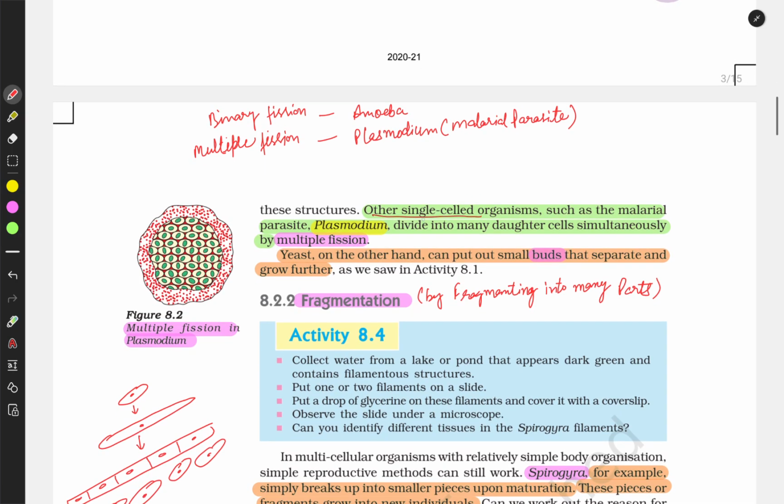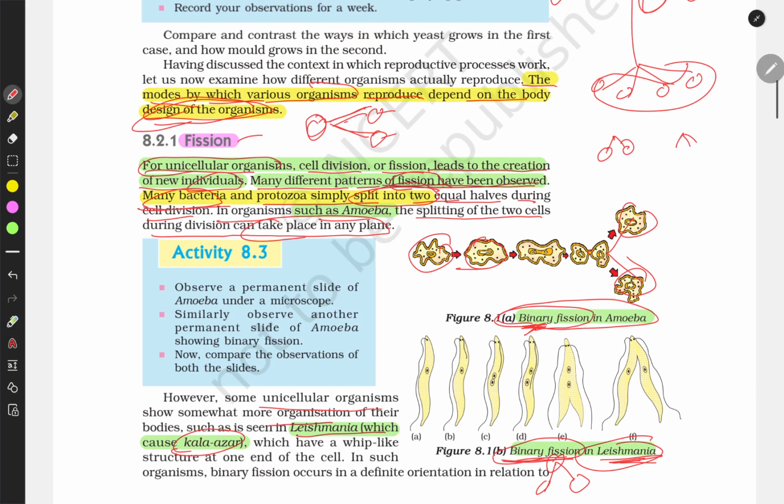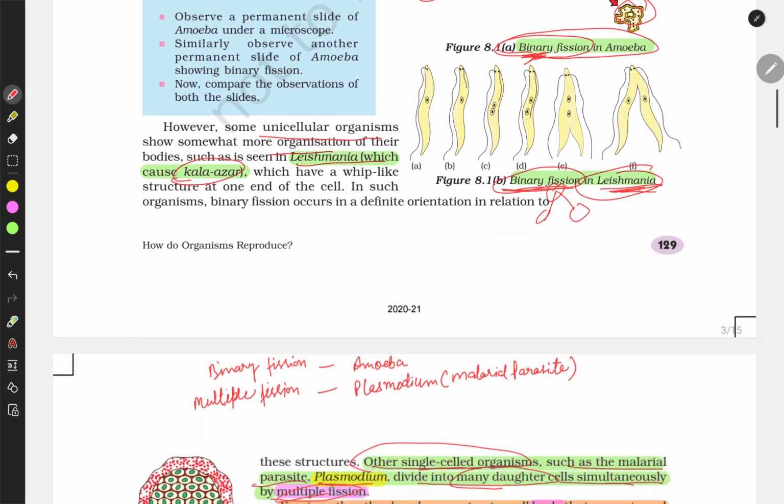On the other hand, single cell organisms such as the malaria parasite plasmodium divide into many daughter cells simultaneously in a multiple fusion. Another type of division other than binary fusion is multiple fusion, where a single cell divides into multiple organisms.